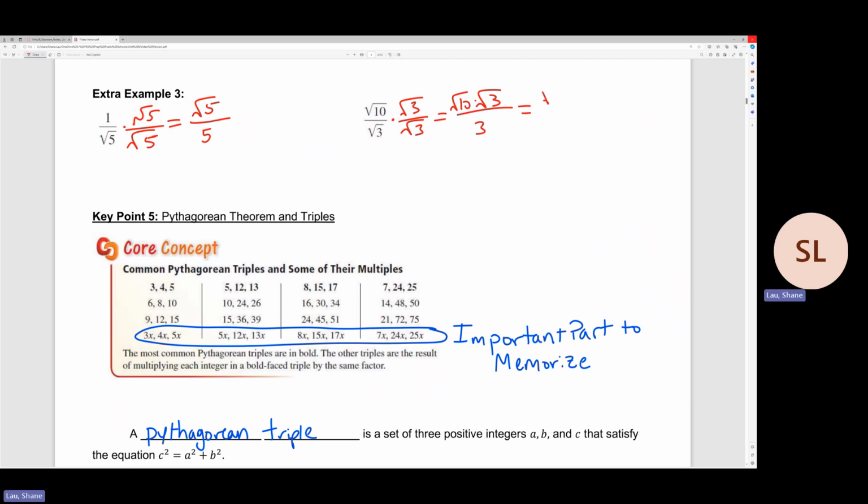But our numerator is going to be equal to the square root of 10 times 3, which is 30. And we get this as our answer. Okay, so as long as you get these couple things, you should be pretty good.